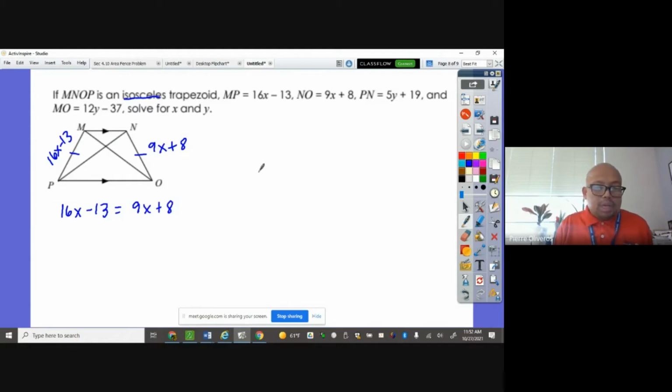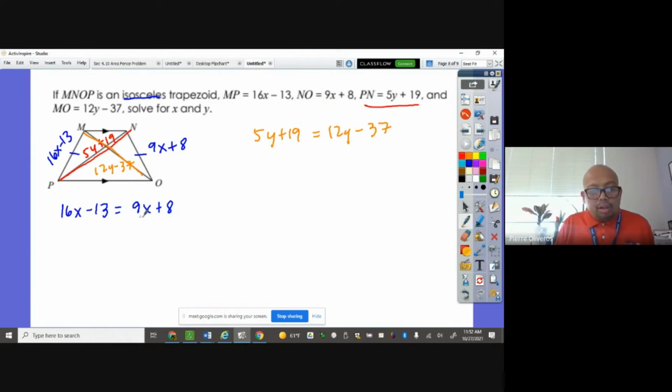And I can solve the x there. I'll do it in a while. PN is the diagonal, which is 5y plus 19. And likewise, the other diagonal is 12y minus 37. And I know they're equal. So 5y plus 19 is equal to 12y minus 37.